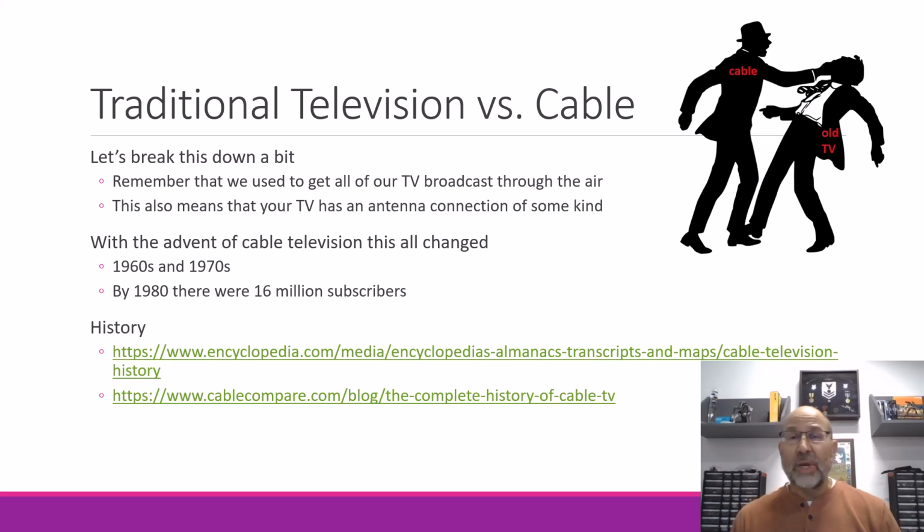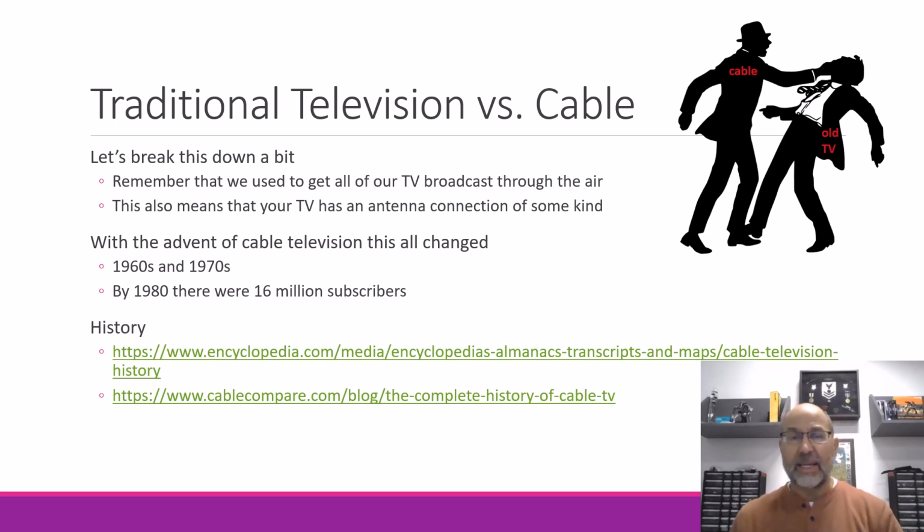Now, before we dive into what you can do with your infrastructure, let's talk just a little bit about traditional television versus cable. There was a time when everybody had a TV in their house and all of the signals came to the TV. They were all broadcast out into the ether. They were all RF signals, and your TV picked up all of those broadcast signals.